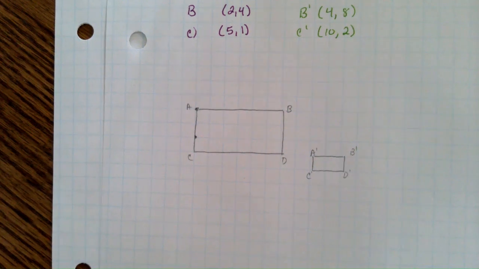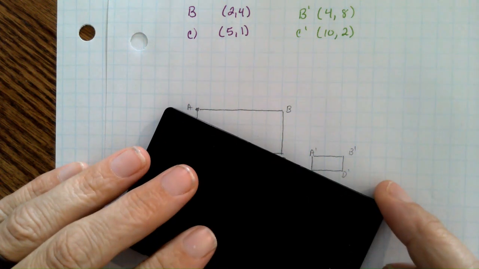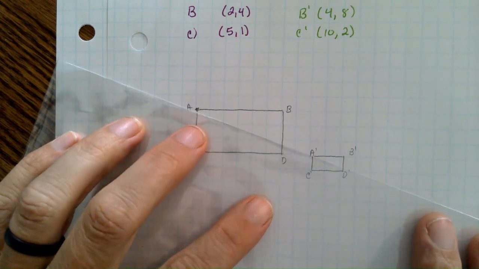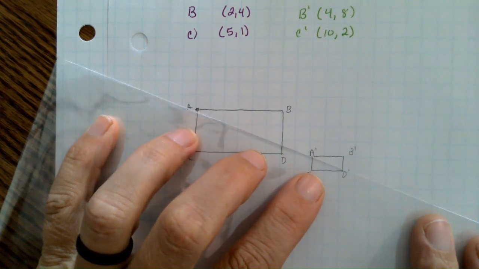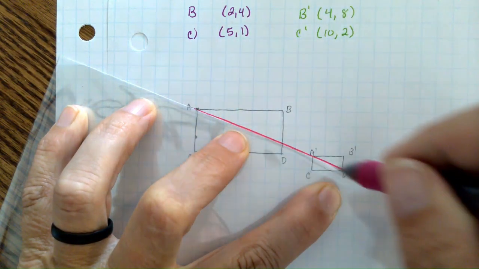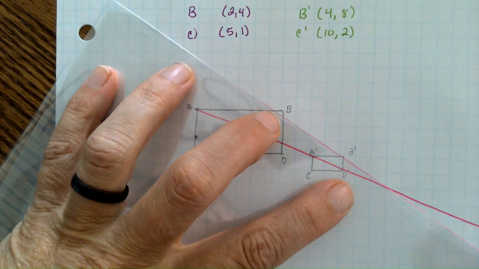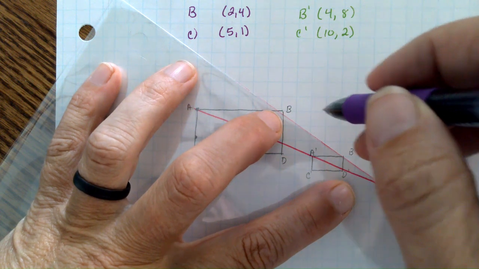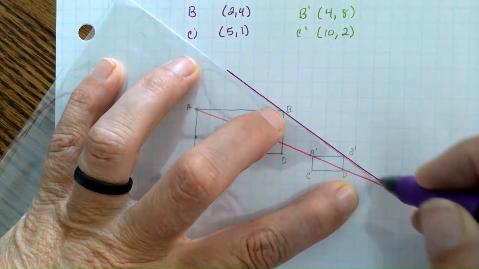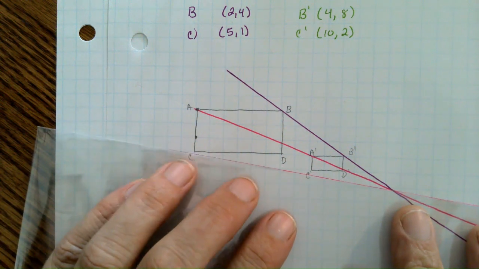Okay, so to get the center of dilation, we're just going to reverse what we did. We know that these had to be on the same line, right? The A's had to be on the same line. We also know that the B's had to be on the same line. We also know that the C's had to be on the same line.